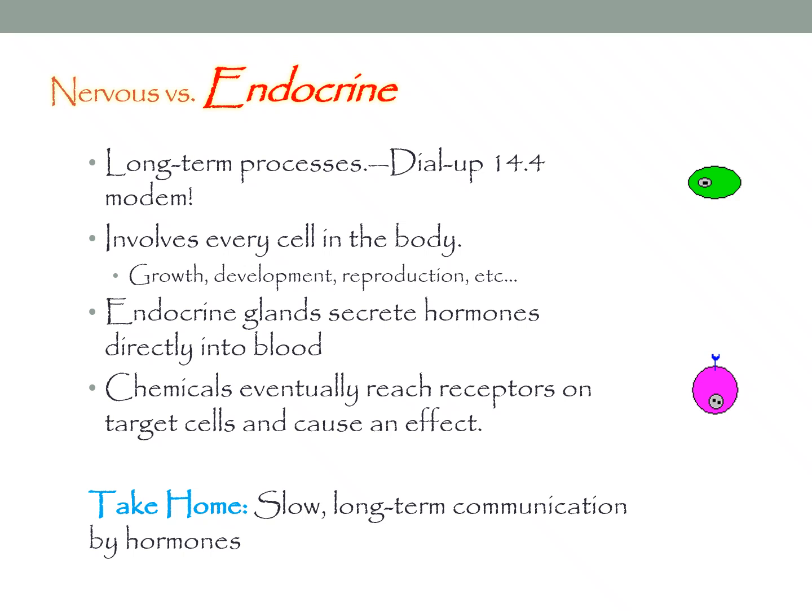And remember, endocrine glands secrete hormones directly into the bloodstream. The gland itself secretes the hormones into the vasculature within the gland, and then the vasculature carries the hormones outside of the gland and into the bloodstream, so it can search around the whole body for its receptor sites. So again, the take home here for the endocrine system, unlike the nervous system, is that it is slow, long-term communication, right, for long-term processes.